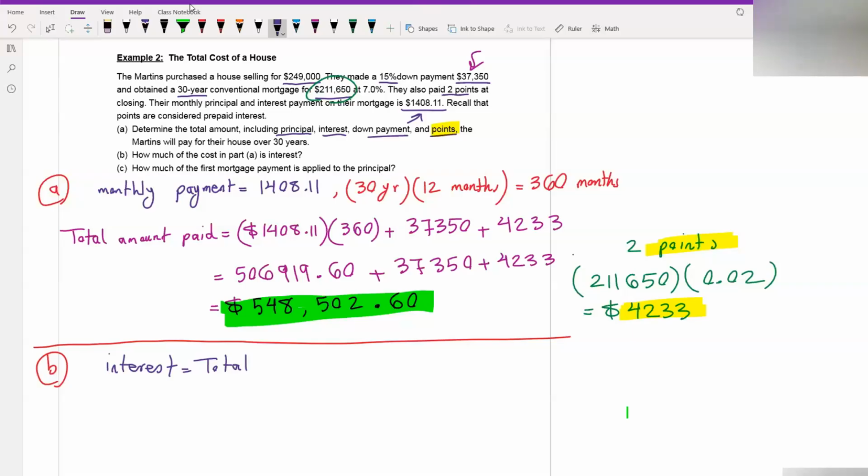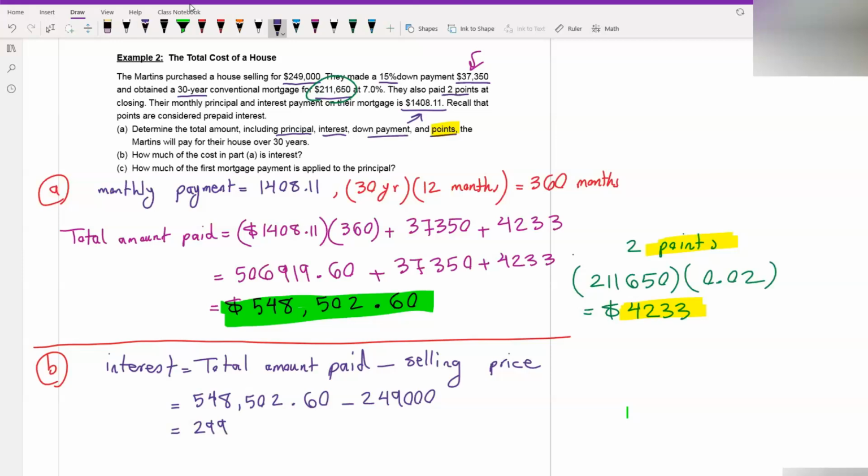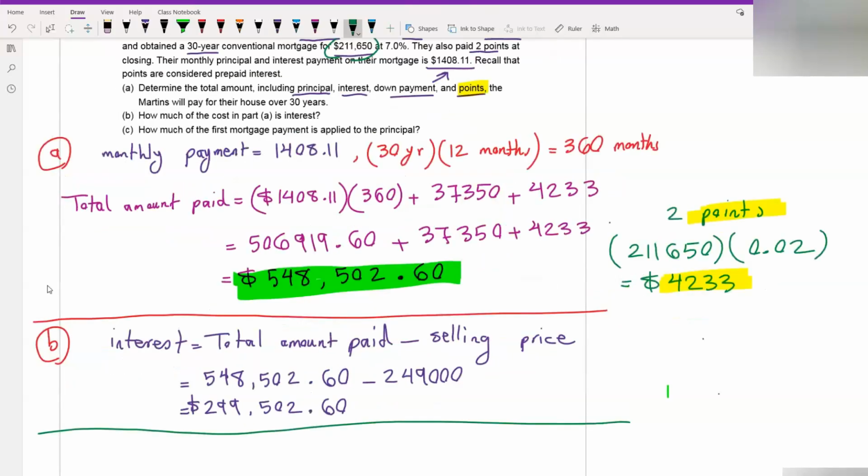But we had total here, minus selling price, which is 249,000. So interest is $299,502.60.